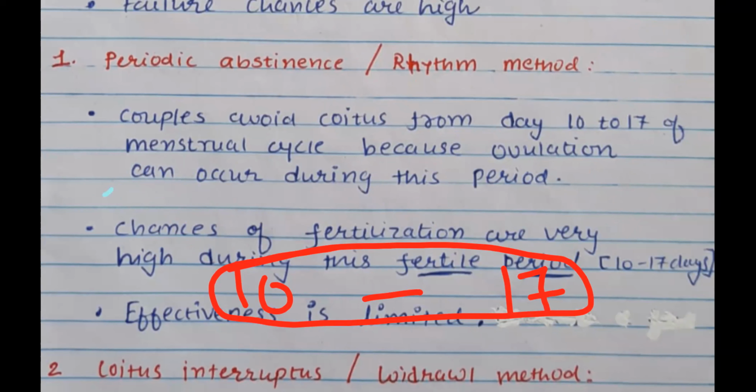The first day of menstruation, the first day of the menstrual phase, when the endometrial lining shedding starts, that we call the first day.